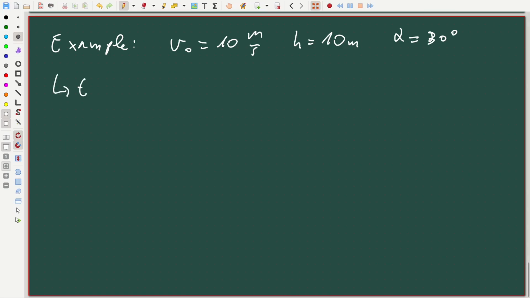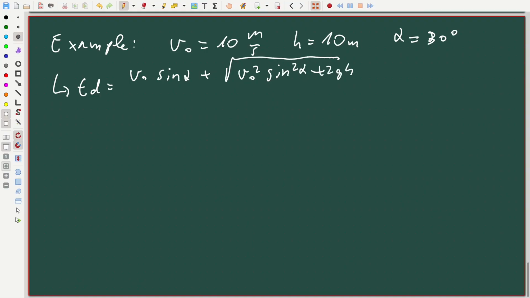So then we can calculate our TD, and this is given as v0 sine alpha plus square root of v0 squared sine squared alpha plus 2h0, divided by g. This was the formula that we derived before. And now we can insert our values.